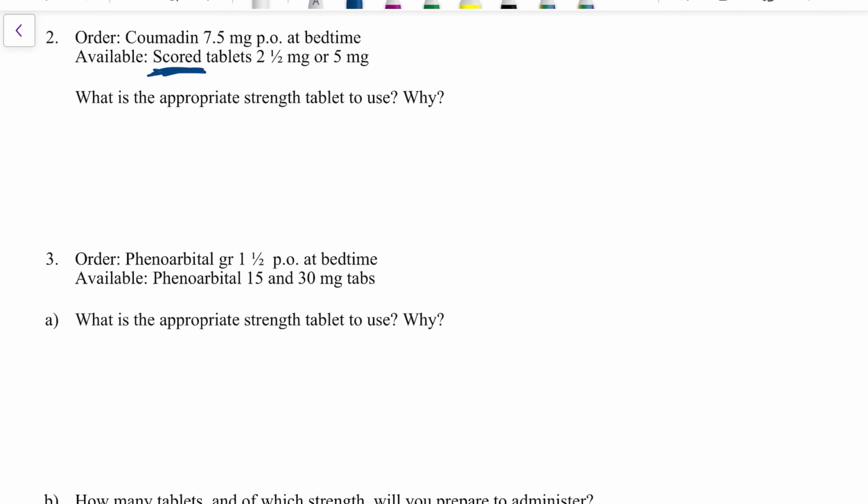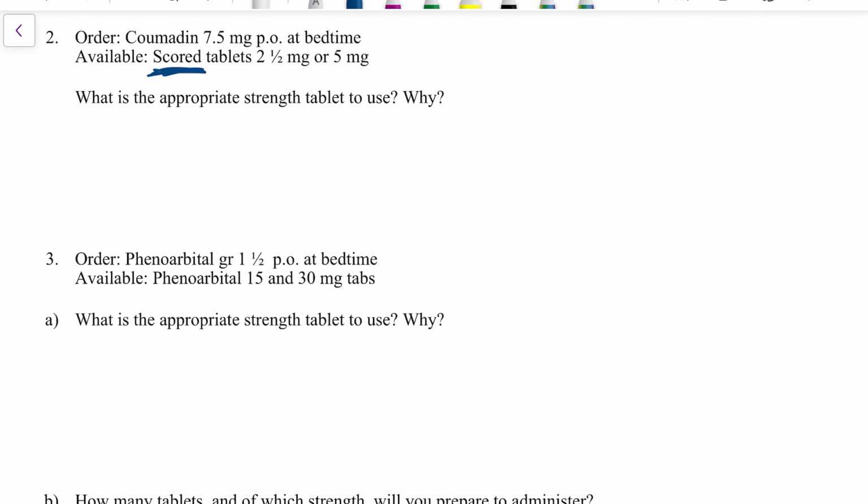So what I'm going to do is figure out how many tablets I would have to give them for each one, or if I do a combination of them, to see what gives me the least amount of tablets, without breaking, and that follows obviously our other rules. So let's start with the 2.5 milligram tablet.